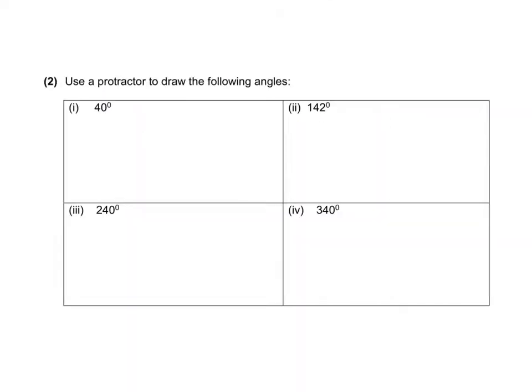Next one, we shall teach you how to use the protractor to draw the following angles. In order to draw the angles, I always start from 0 degrees over here. I draw a straight line and mark a point.